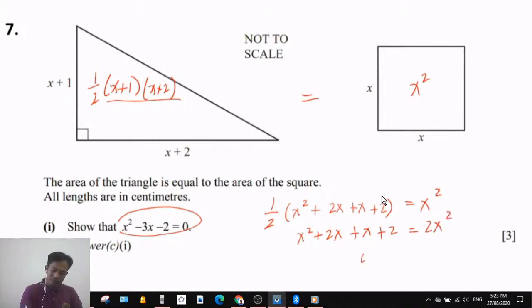Okay. Then I'll be putting in a 0 on the left side. 2x squared minus x squared minus 2x minus x minus 2. Okay. 0 is equal now to x squared minus 3x minus 2. Shown.